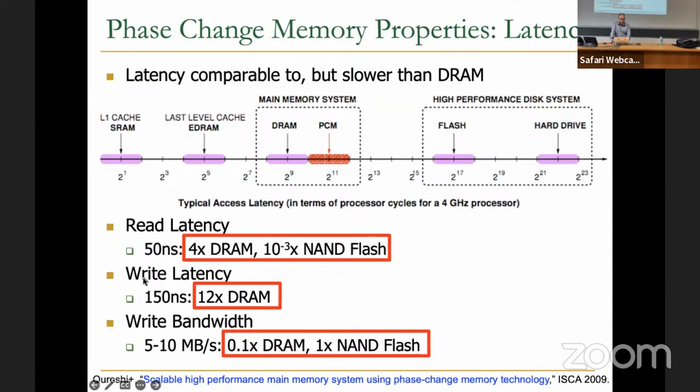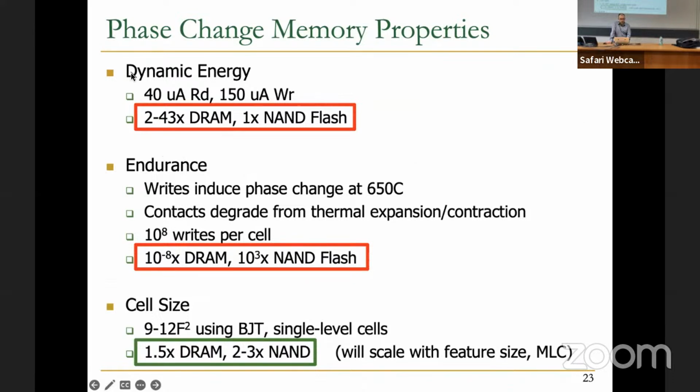Write latency is around 150 nanoseconds, which is 12 times longer than DRAM. Write bandwidth is also lower than DRAM and similar to NAND flash memory. Dynamic energy is, unfortunately, also higher than DRAM, like 2 times. I assume 2 times is for read.